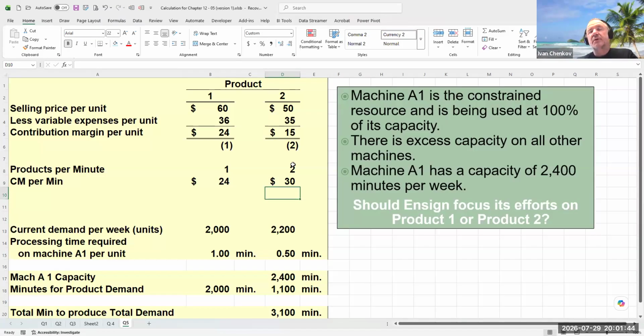So which product should I focus on first? Obviously, the one with the highest contribution margin. So this now is going to change. It's not going to be product one, my winning product. It's going to be product two, it's my winning product now. And if there's capacity, I'm going to focus on product one.